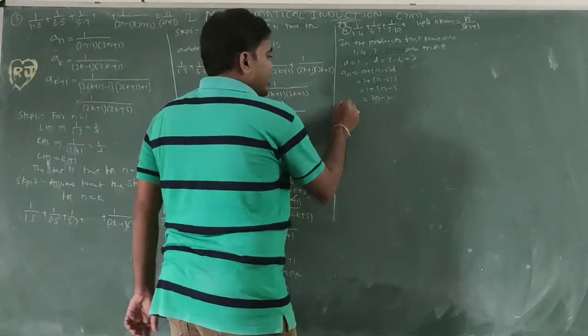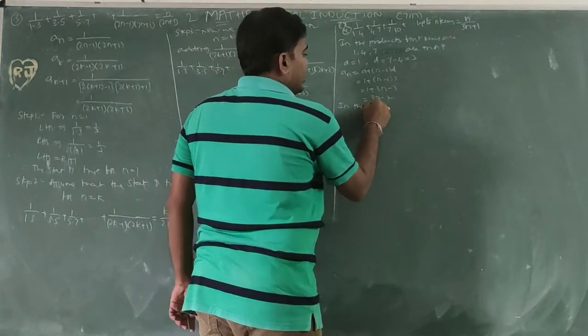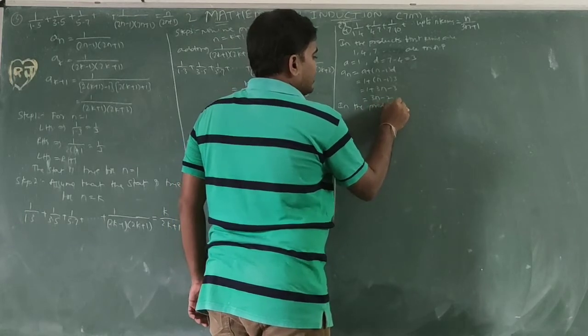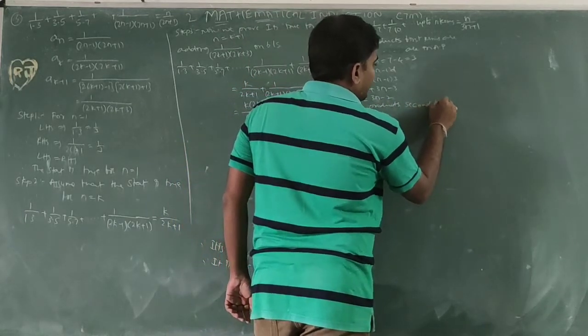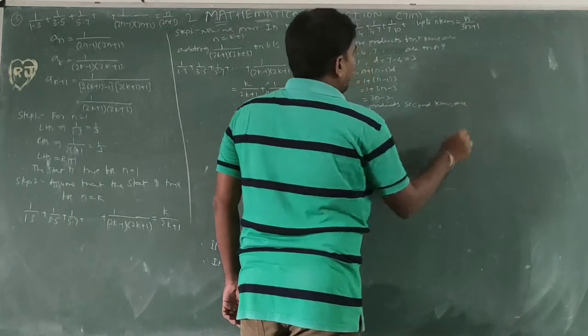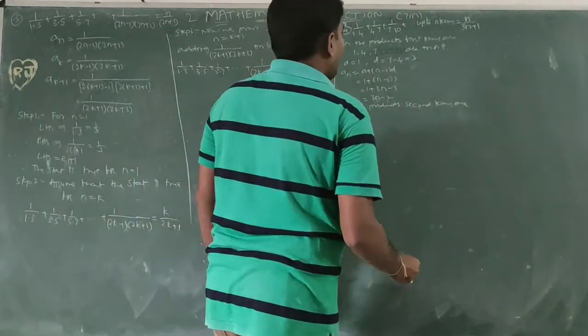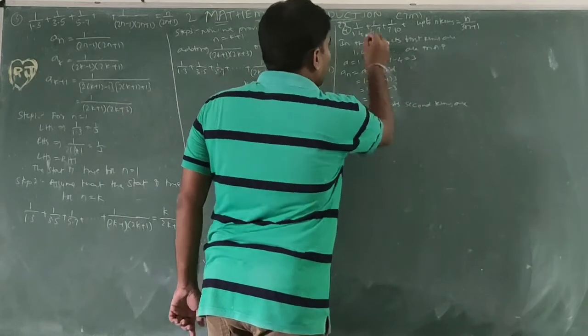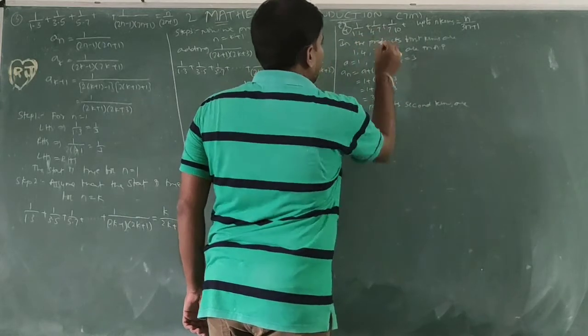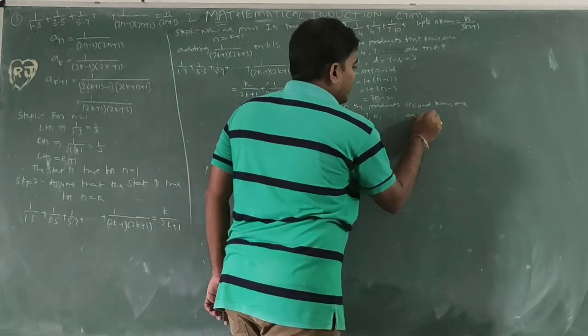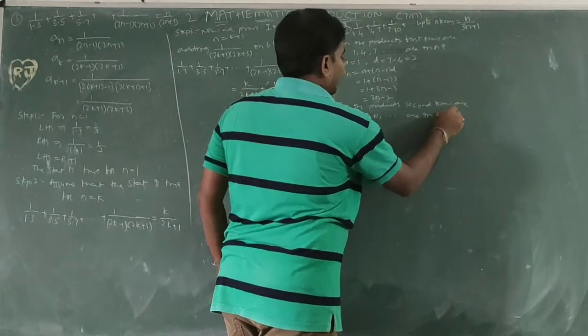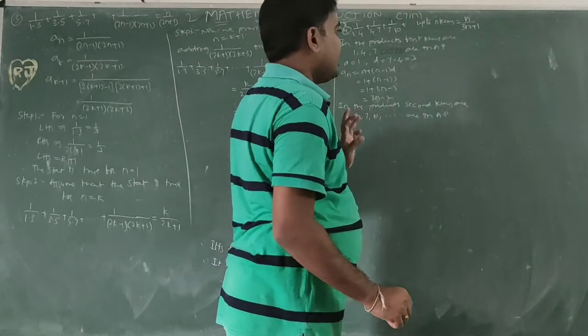Now in all the products, what are the second terms? 4, 7, 10 are also in AP. 4 plus 3 is 7, 7 plus 3 is 10.